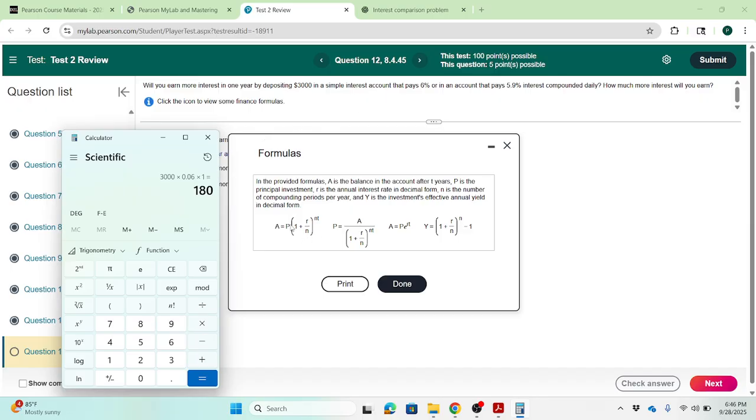For the compounded daily, this is the formula we're going to use. n is replaced by 360 because there are 360 days according to the banker's rule. Then we calculate the future value, and subtract the principal from the future value to get the interest. Simple interest is 180 bucks.